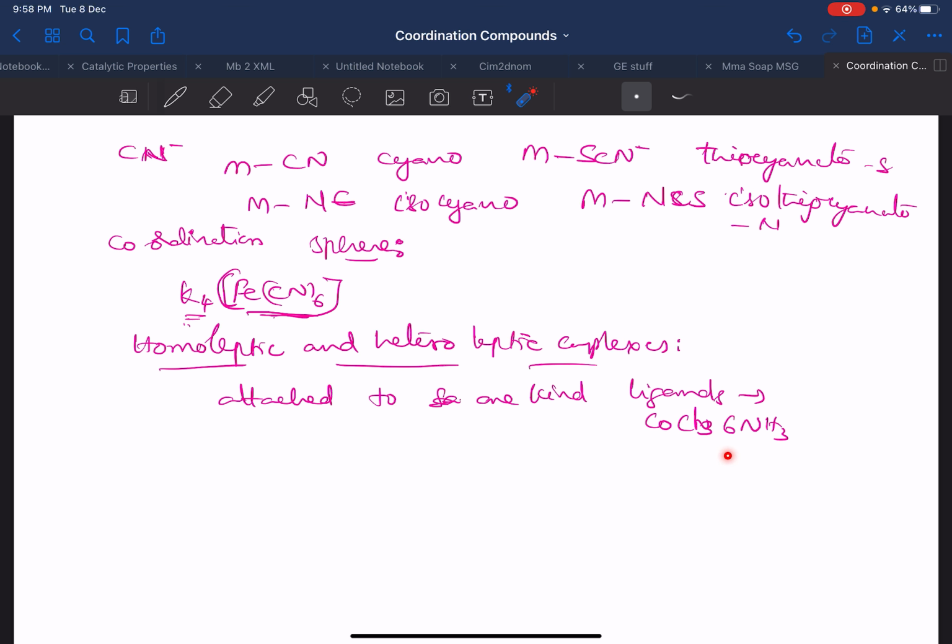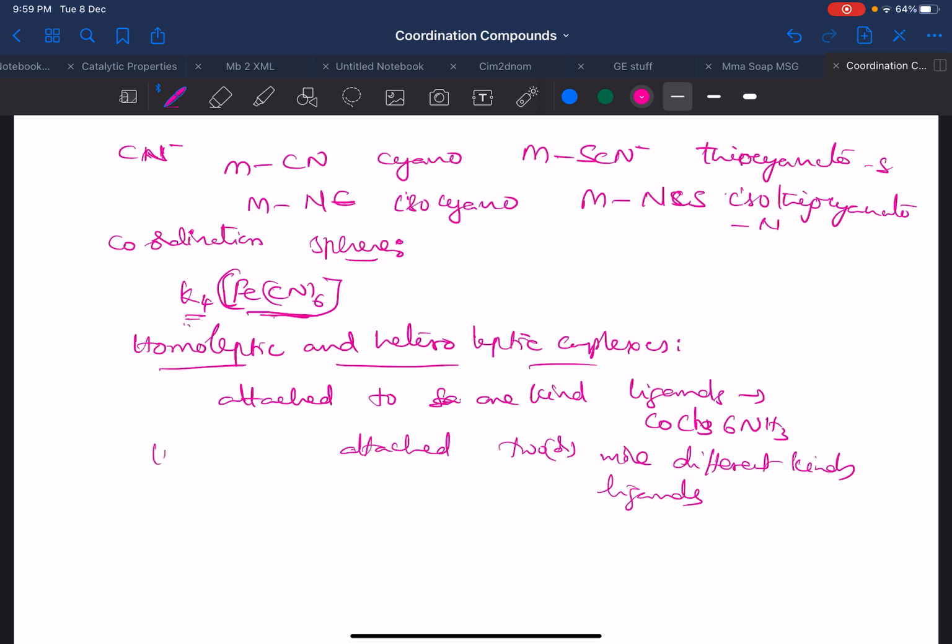So it is called a homoleptic complex. Whereas if the central metal atom is attached to two or more different kinds of ligands, it is called a heteroleptic complex.